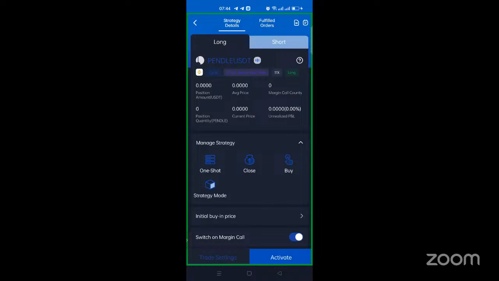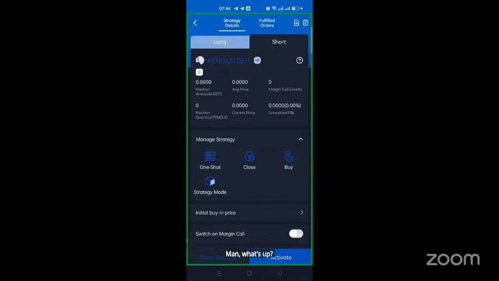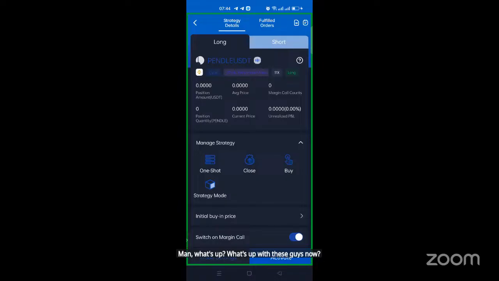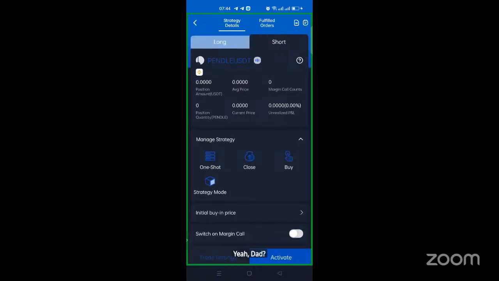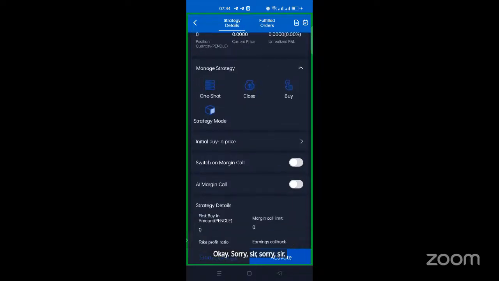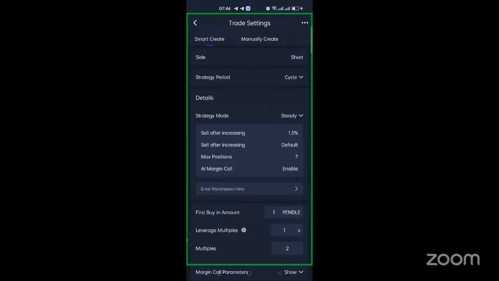Okay, tap on trade safely. Tap on enter parameters.